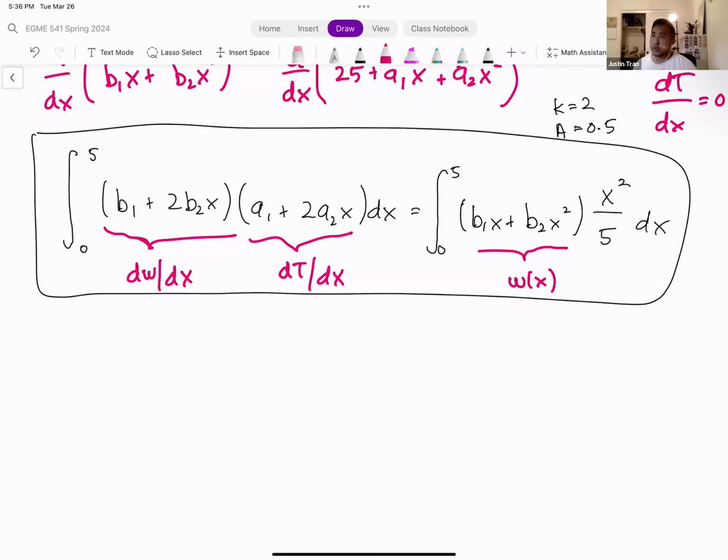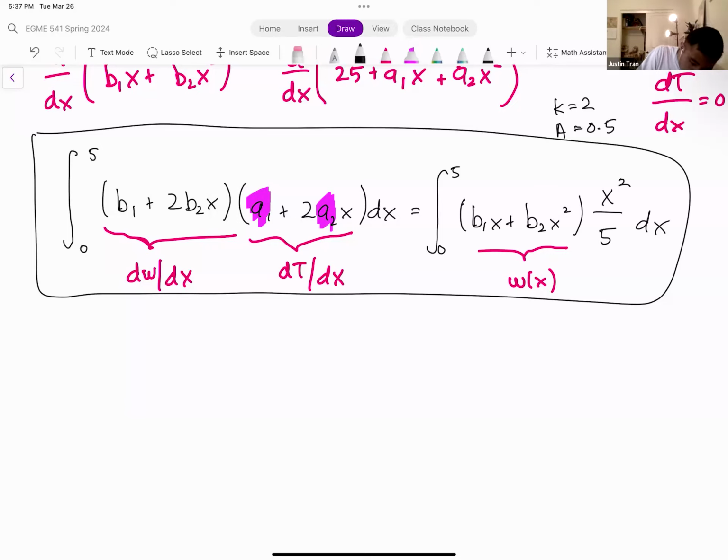What you've noticed here is that we've assumed a form for our solution and our weighting function, and we've plugged it in. Now we're going to evaluate it, because eventually we want to find out the values of these two coefficients, a1 and a2. Once we find a1 and a2, that's going to give us the rest of our solution.